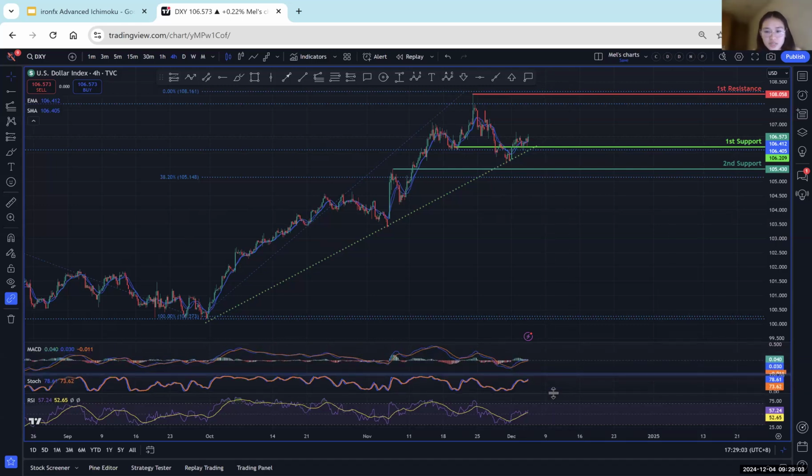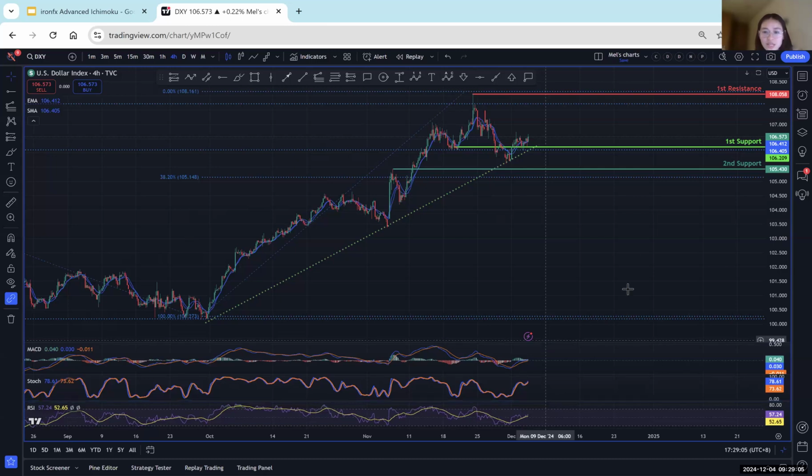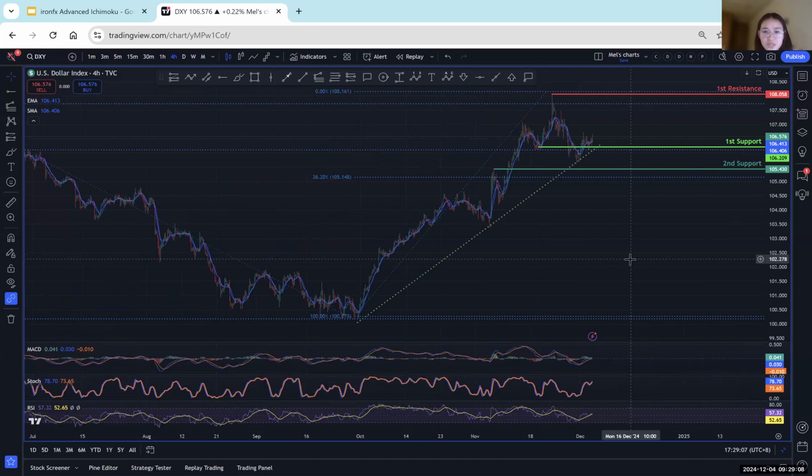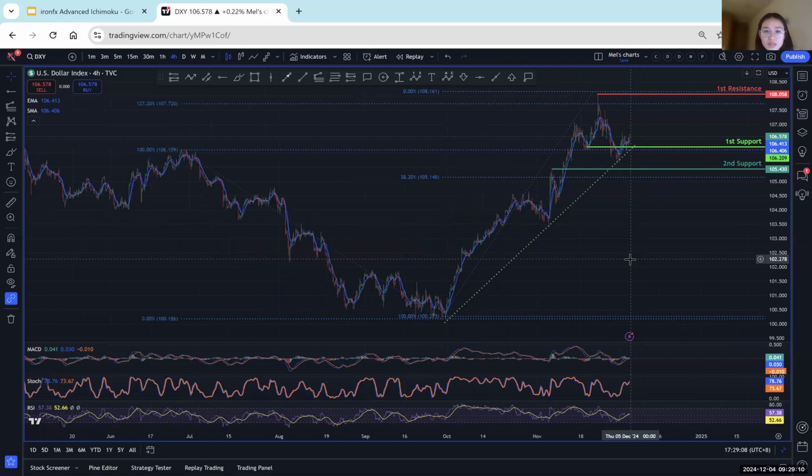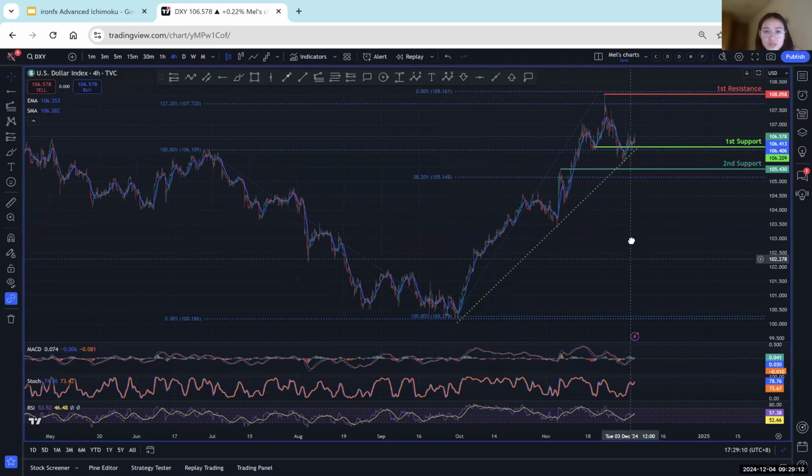Okay, so we can keep these as well because they do support our analysis. Yeah, okay, that's all for DXY.